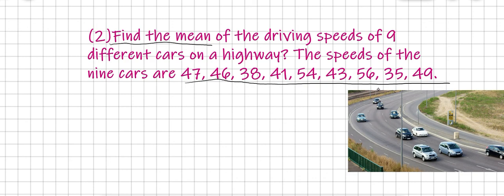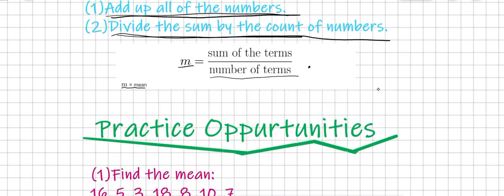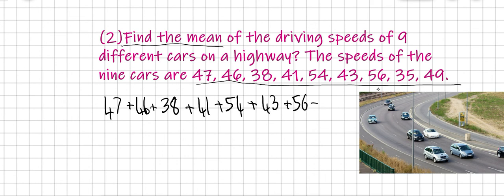So you might remember we first have to add up all of the numbers, which means we have to do 47 plus 46 plus 38 plus 41 plus 54 plus 43 plus 56 plus 35 plus 49. And all that would equal 414.